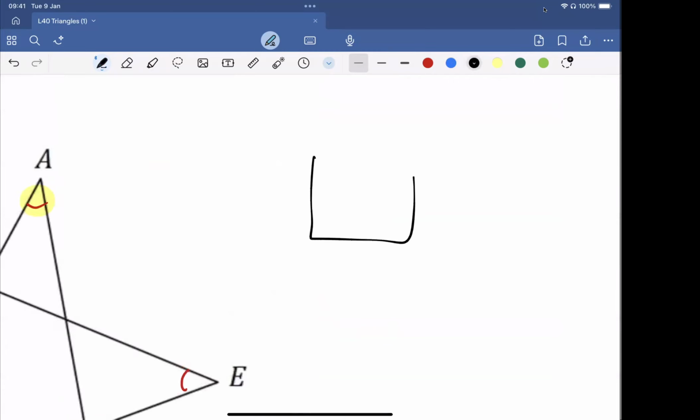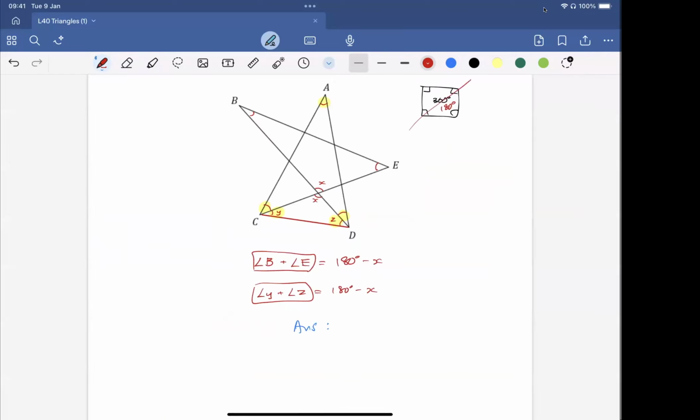What is the total angles in a square? 360. What is the total angles in a triangle? 180. Why is it 180? It's half of a square. So can you tell me the answer, please? 180. You got it. Well done.